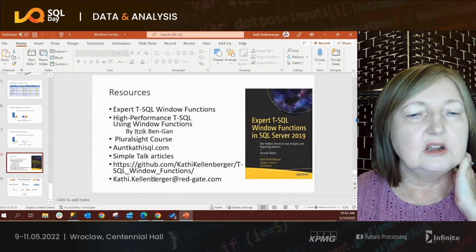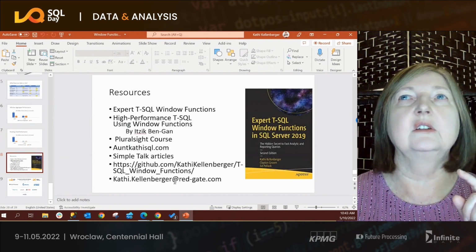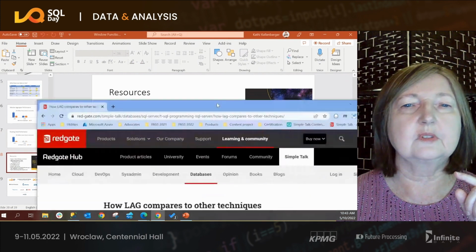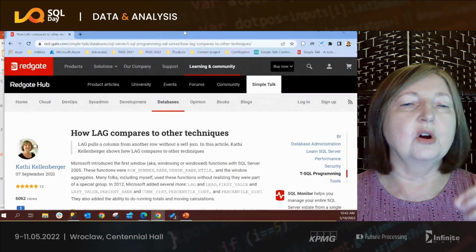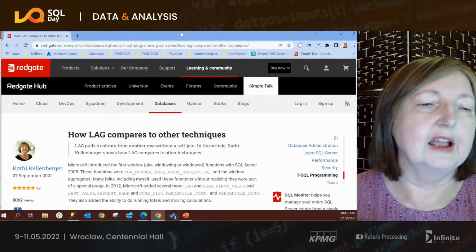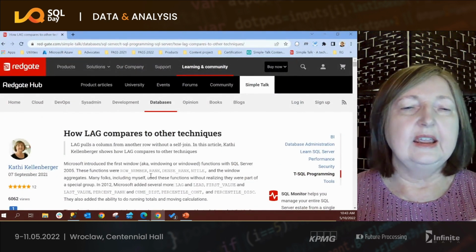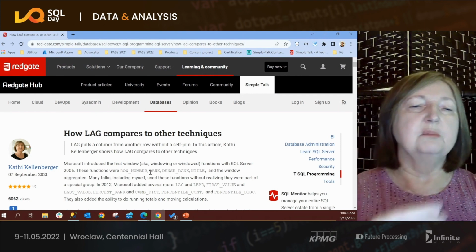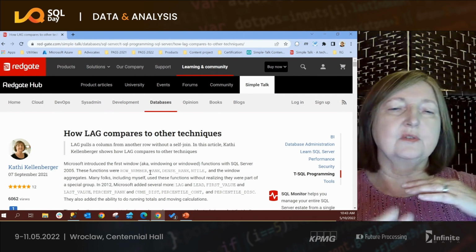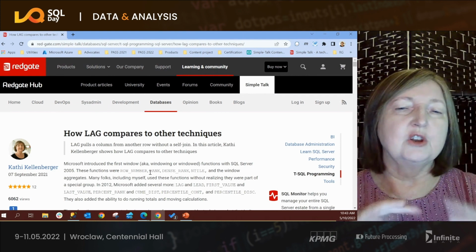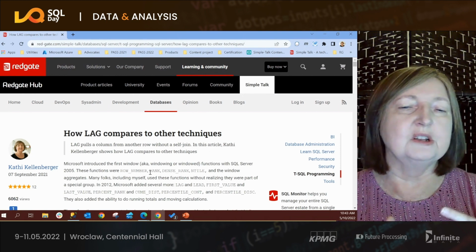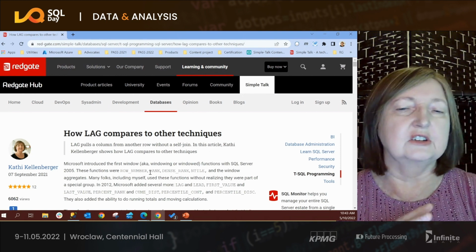Oops. I want to show you one more thing as I have a little bit of time. Here's an article I wrote last year, and I started out writing the article about just comparing all the different types of window functions and the differences in performance of using different techniques.